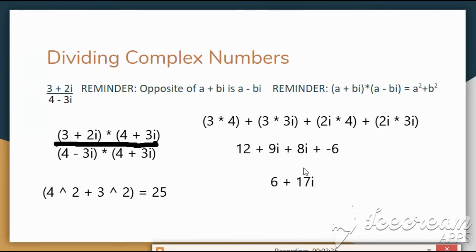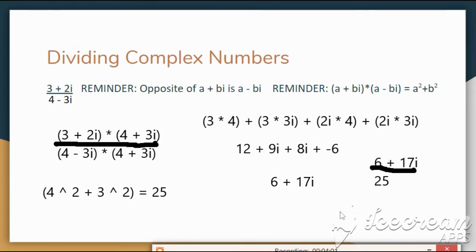Now we have both our numerator and our denominator, so let's put them together. So 6 plus 17i over 25. But remember, like I said previously, we have to put the real numbers separately and then the imaginary numbers. So we're going to split this up, and that's very simple to do.